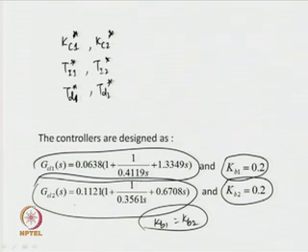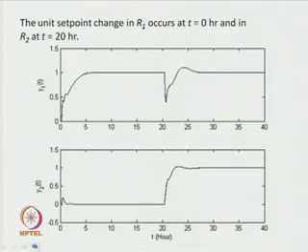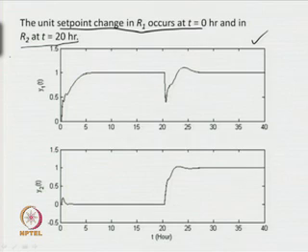Then with the controllers in the loops, the performances of the TITO system are obtained as shown over here. The first loop has a unit set point change at time t equal to 0 hour, and the second loop has a unit set point change at time t equal to 20 hours. The upper loop response is given here and the second loop is giving a time response of this form.